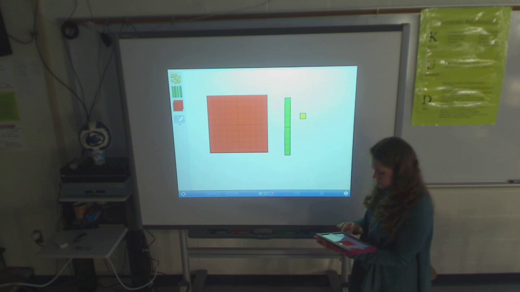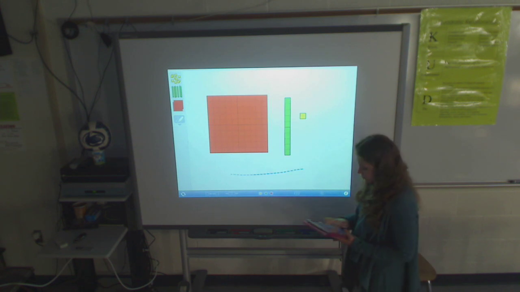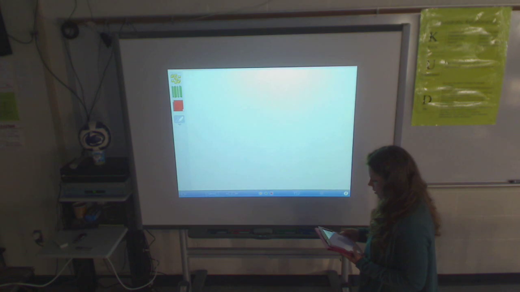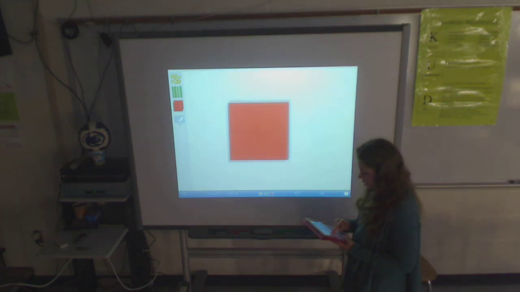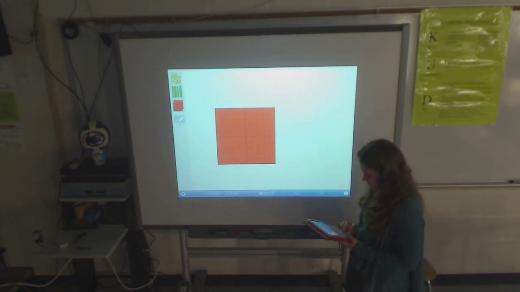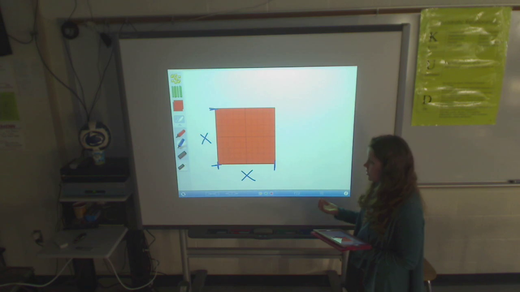And just to give you an example of some of the things that you can do, we'll delete that to start. But for example, we're going to learn that this is a square, and if we label one side of this width, or this length, we know that this is x. And since it's a square, we can automatically say that this other side length is going to be x. So how do we find the area of this? That would be easy because we know that the area is length times width, so this area is going to be x squared.